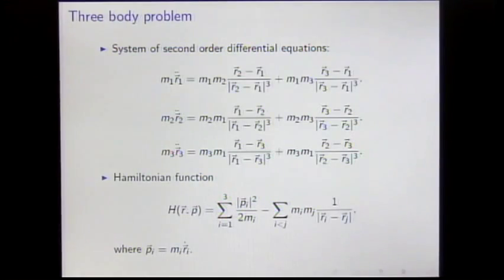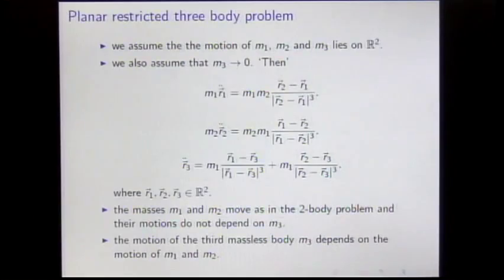Okay, so taking M3 going to 0 and considering this equation in the limit, we would find a much simpler equation of motion. Here we don't see M3 anymore, but we see that the first two bodies behave as in the two-body problem.